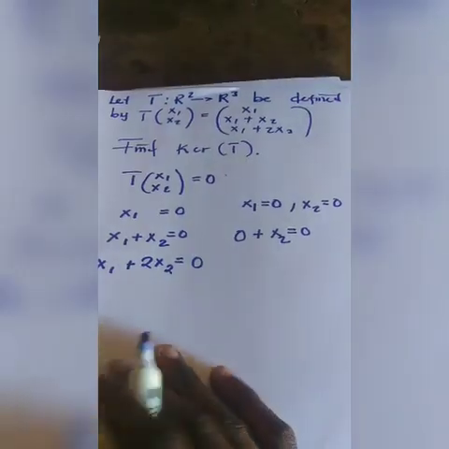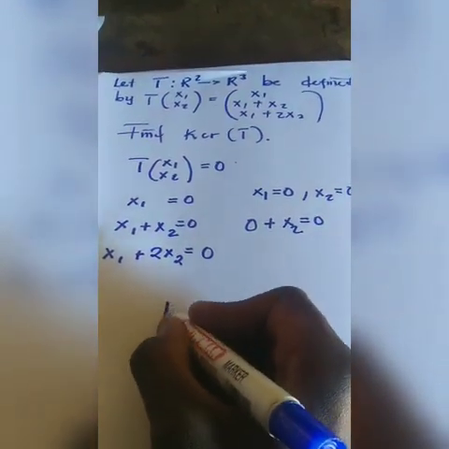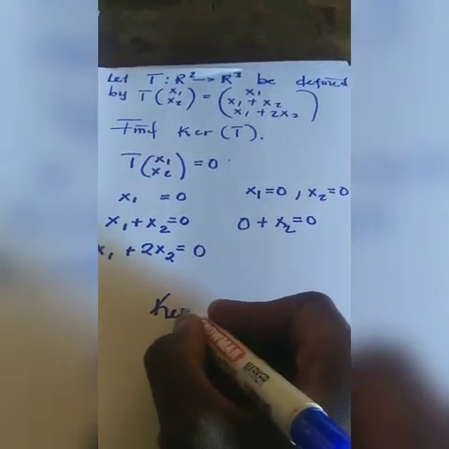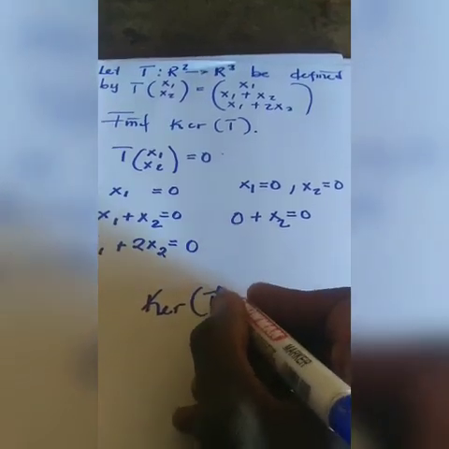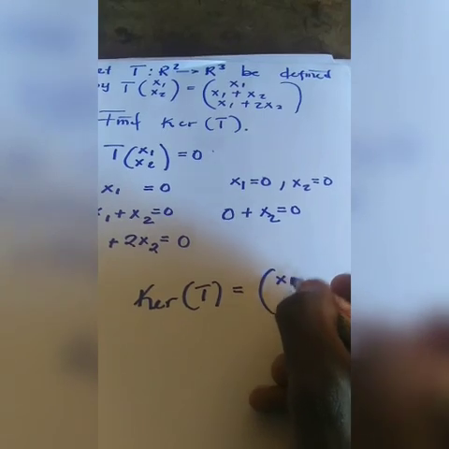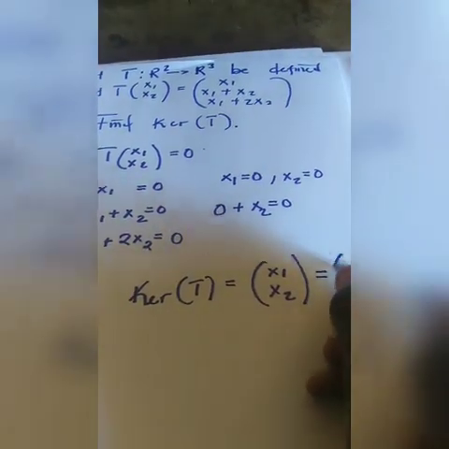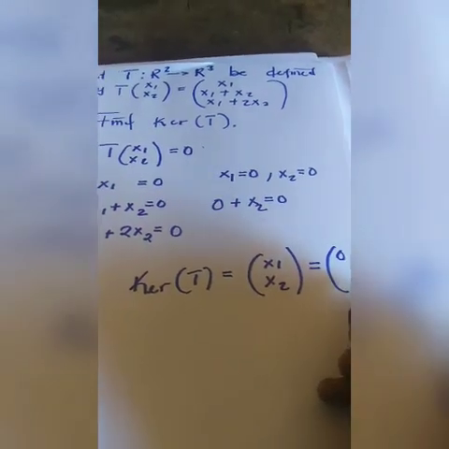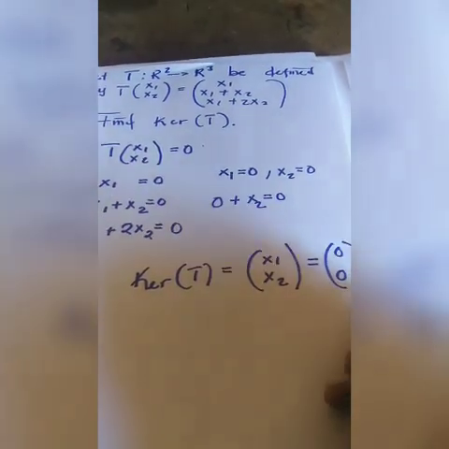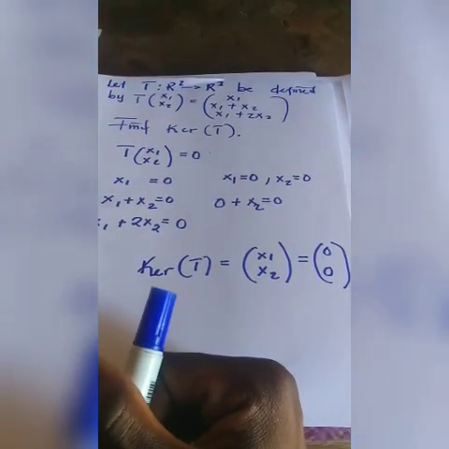Upon finding that, we'll say the kernel of T equals x1 and x2, which is equal to 0 and 0. So the main essence of the kernel is to find the solutions, the values of x1 and x2. That was the main essence.